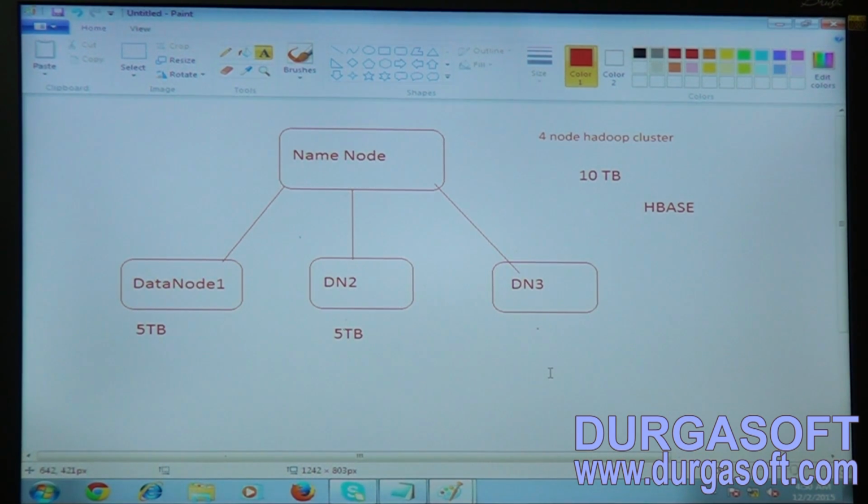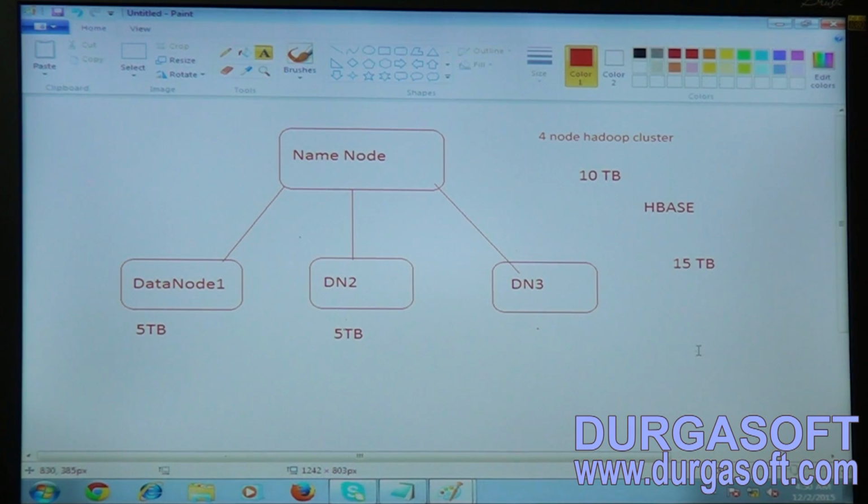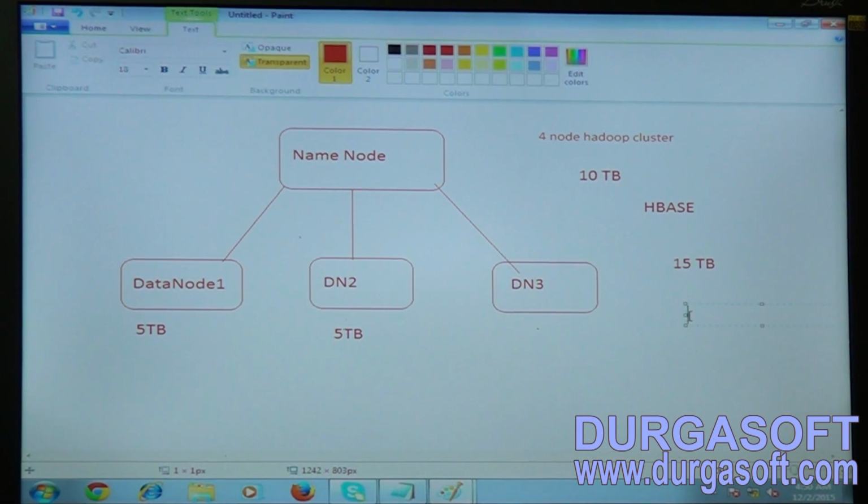But my data keeps on growing. If I receive more than 25 terabytes, say 10 terabytes now, and the next day another 15 terabytes, then we have filled up the space. Now if the next day we receive another 5 terabytes of data, here is a problem, right?